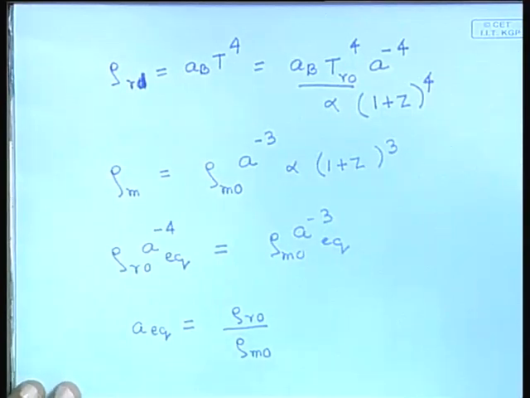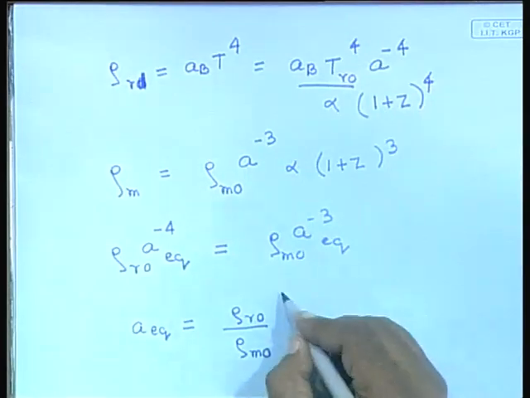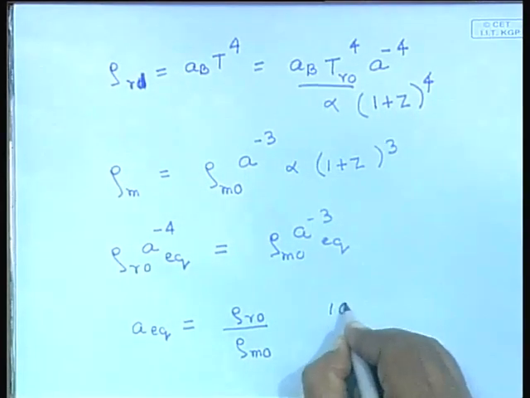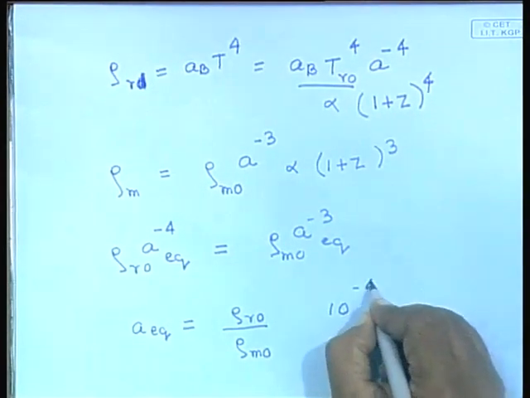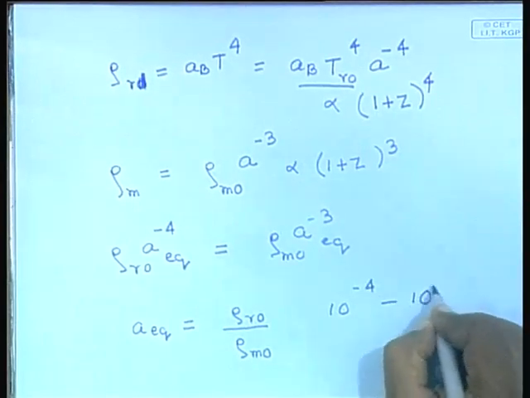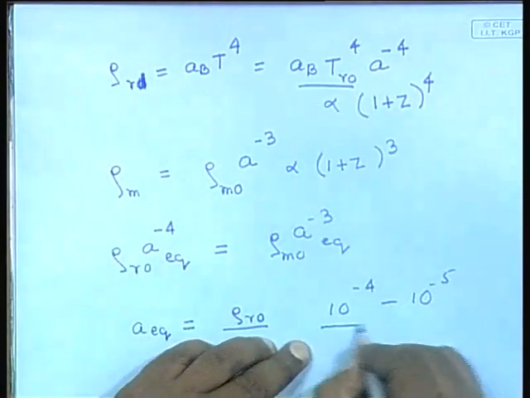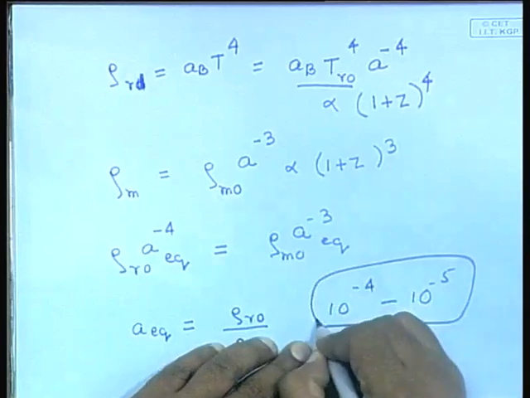So, this comes out to be somewhere between 10 to the power minus 4 and minus 5. So, around a redshift of 10,000, the universe, which is now matter dominated, goes into a radiation dominated era.